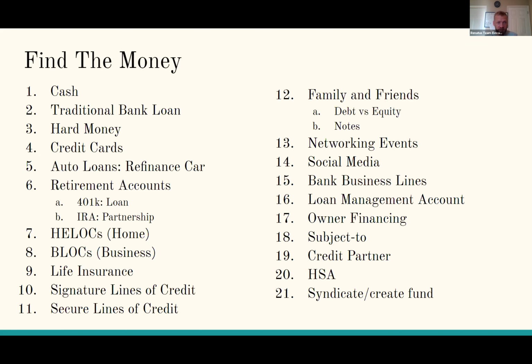So the first deal was traditional. My second property that I purchased, and my second and third that year, was with hard money. And when I say hard money, I had a little bit of money myself, but the hard money covered everything, 100% of the purchase, and also 100% of our fix and flip money, so our rehab money.